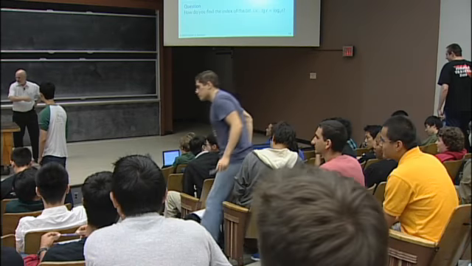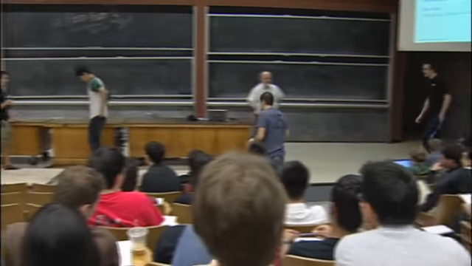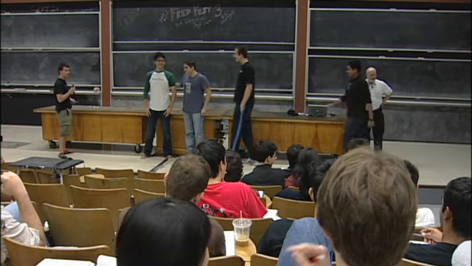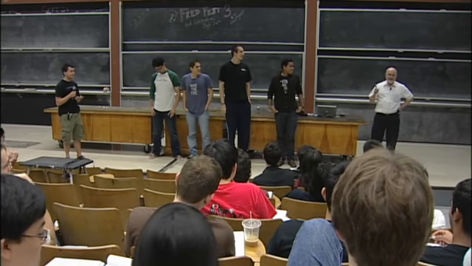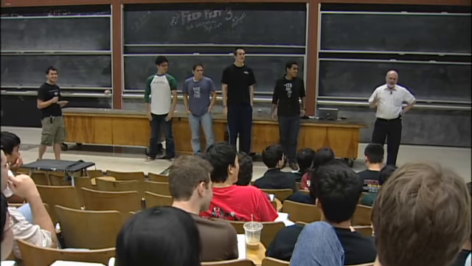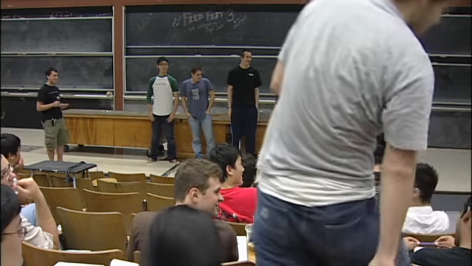Come on, we need one more. Come on up and line up along the front here. One more volunteer. You get extra points. Remember, participation is part of your grade. Okay, I'm going to cold call. Here we go.